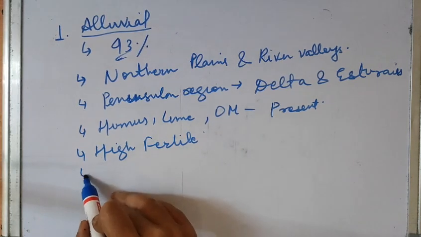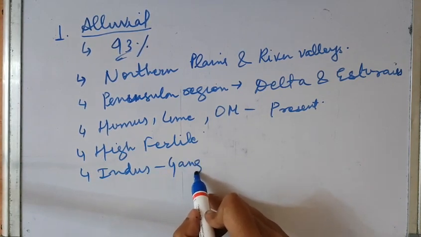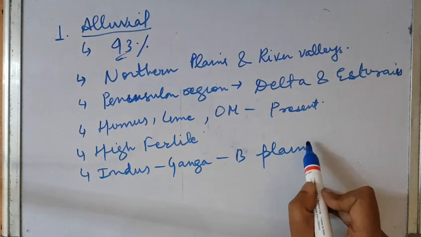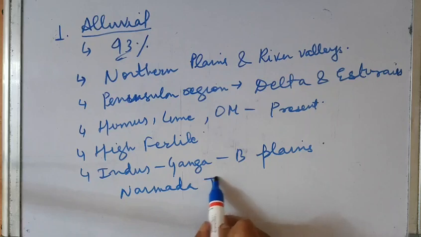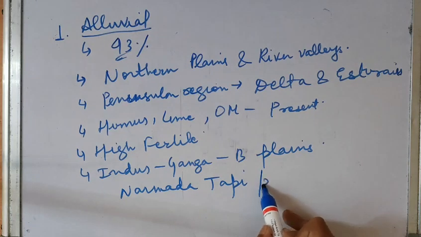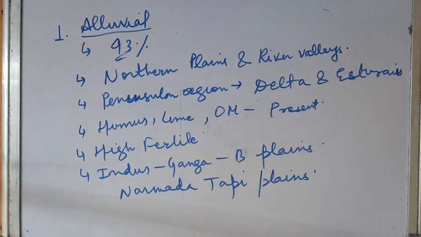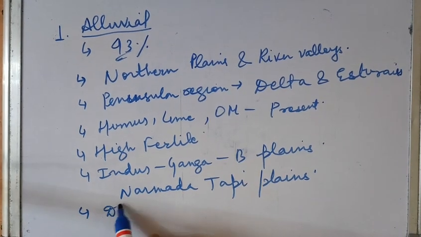It is mostly found in the Ganga Brahmaputra plains, also found in Narmada Tapi plains. It is a depositional soil that is transported and deposited by rivers.